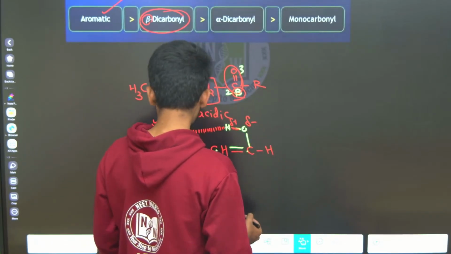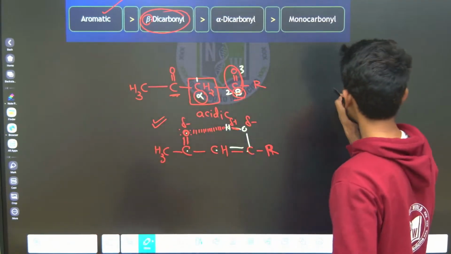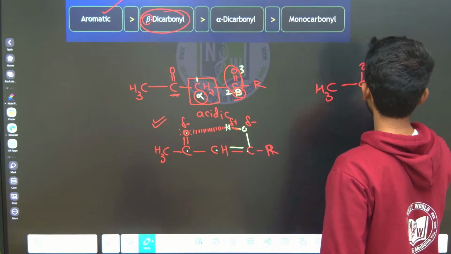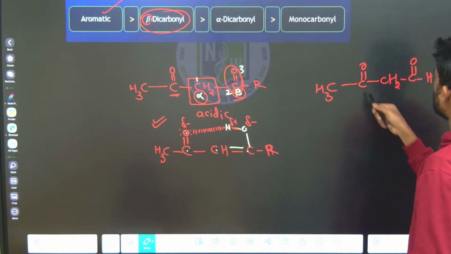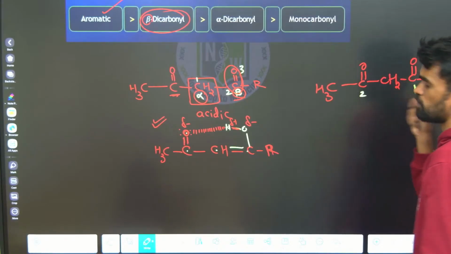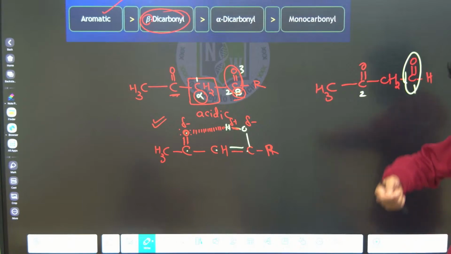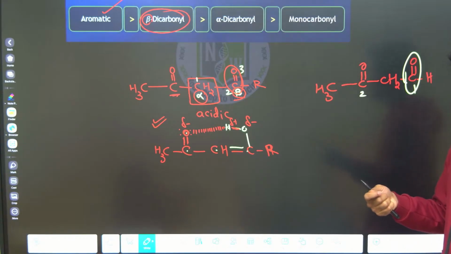Next one more thing here, in this beta dicarbonyl compound I have mentioned one side keto group and the other side aldehyde. Tell me which side enol formation takes place, 1 or 2, which side will it convert? 2. No, the aldehyde carbon is more electron deficient, therefore it will drag the sigma bond electrons towards itself, therefore it converts easily into enol form.